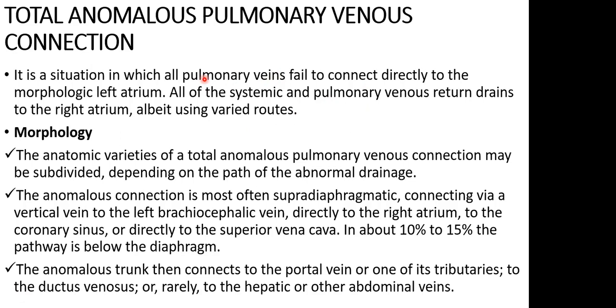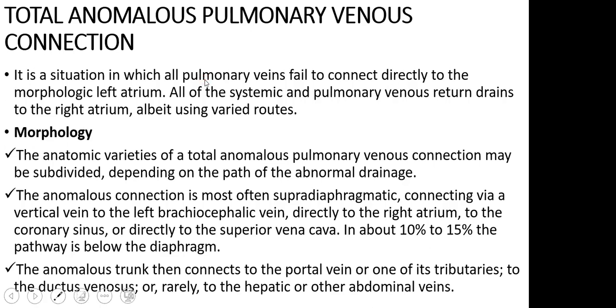By right, as we all know how the circulation of blood goes: the right atrium, the right ventricle, the pulmonary artery, the lungs, the pulmonary vein, and then it goes into the left atrium. But in this case, the pulmonary vein sends blood back into the right atrium. Instead of sending blood into the left atrium, the reverse is the case in total anomalous pulmonary venous connection.